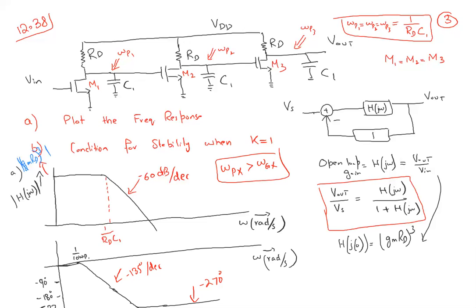So let's go to the next page and redraw the circuit and then try to identify part B. I'm just redrawing again so that we have a better image. First, again redrawing the frequency response. So we have this point, which is GM RD whole cube.